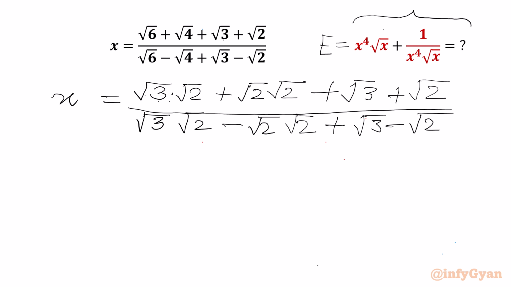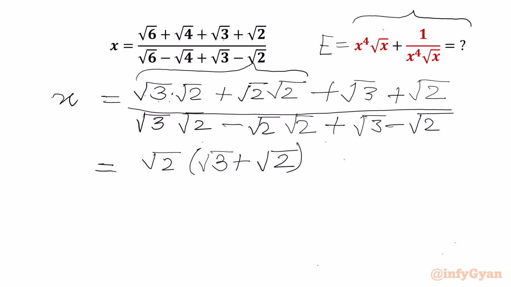Now from the first two terms we can take root 2 common. So we will get root 2 common, and in the bracket root 3 plus root 2. From the last two terms, we can take 1 common out.